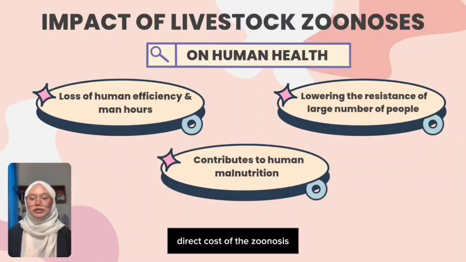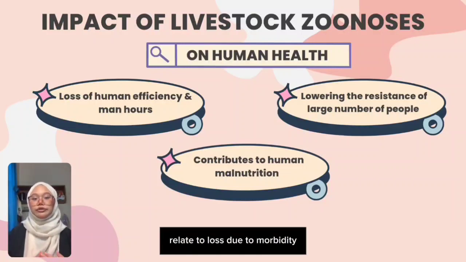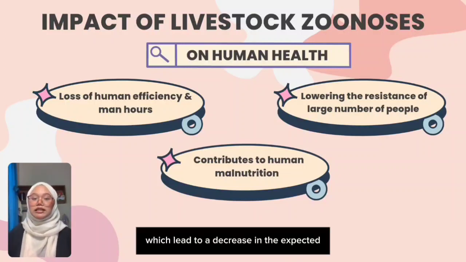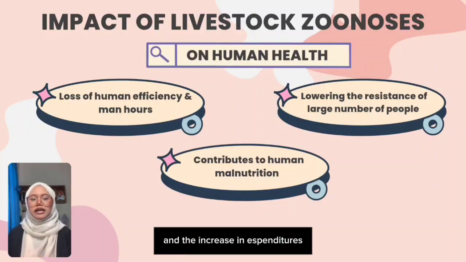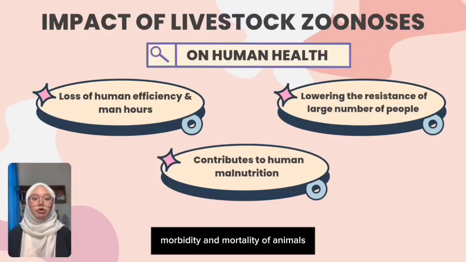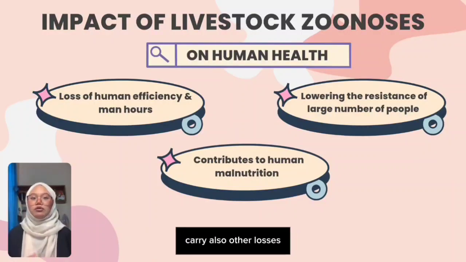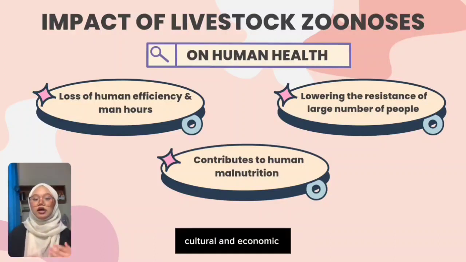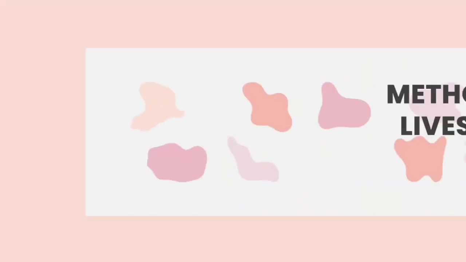Direct costs of zoonoses associated with livestock production relate to loss due to morbidity and mortality in food-producing animals, which lead to a decrease in the expected output due to disease, treatment costs, and the increase in expenditure on non-veterinary resources. Morbidity and mortality of animals due to zoonotic disease also carry other losses related to the wider social, cultural, and economic value of animals and their health and welfare to people.